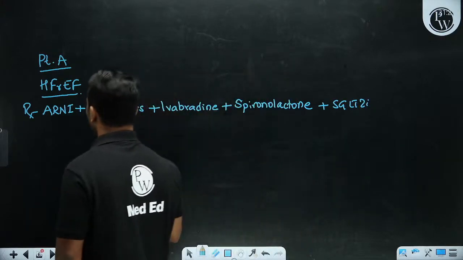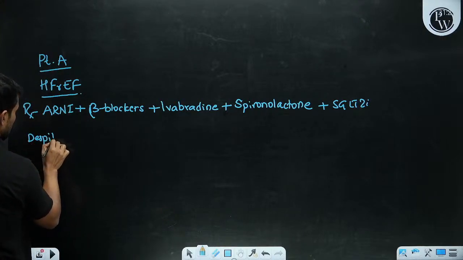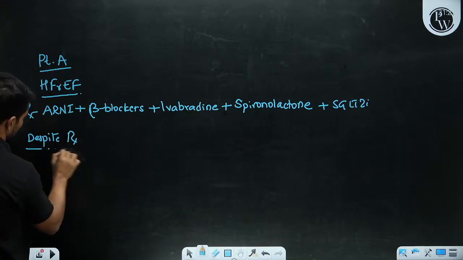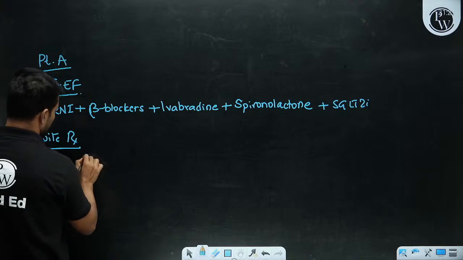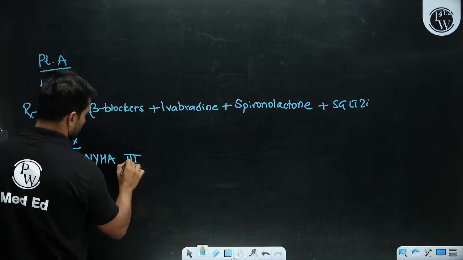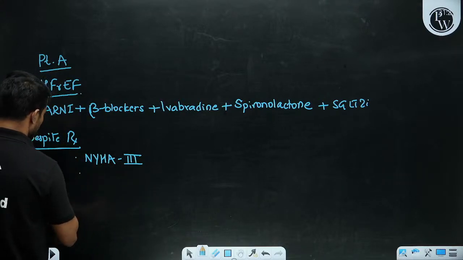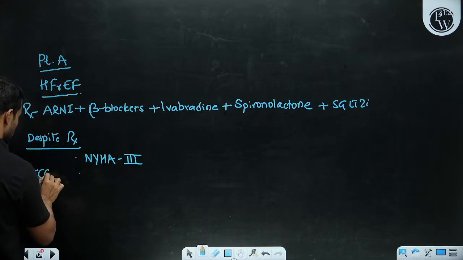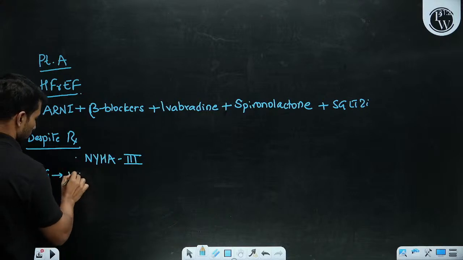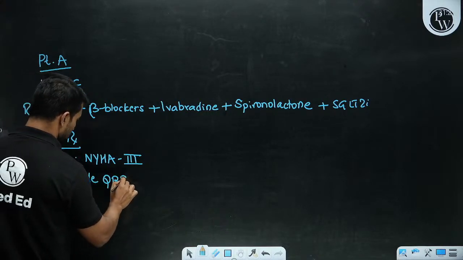Now despite all of this, right, so despite this treatment, patient is in, let me say, New York Heart Association grade 3 dyspnea. Okay, and when we look at this patient's ECG, right, ECG shows wide QRS.